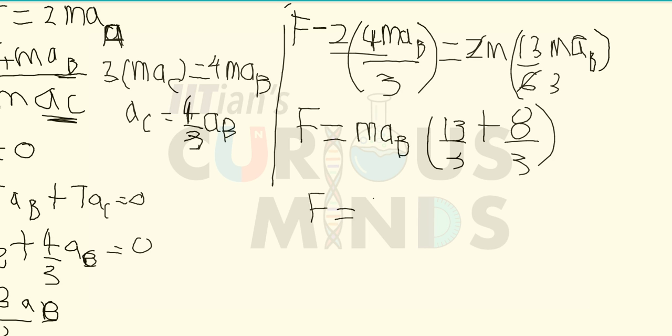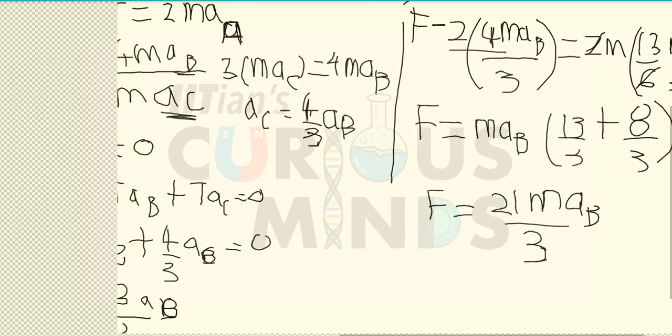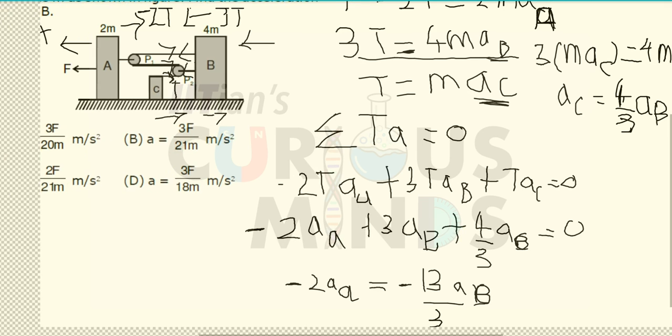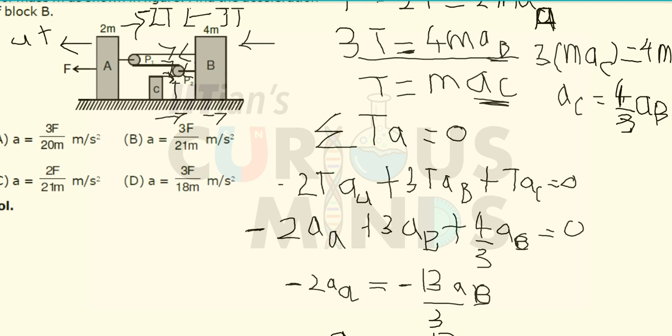So F will be equal to 21 times m aB divided by 3, or aB will be equal to 3 times F divided by 21. So aB equals 3F divided by 21, which is option number B.